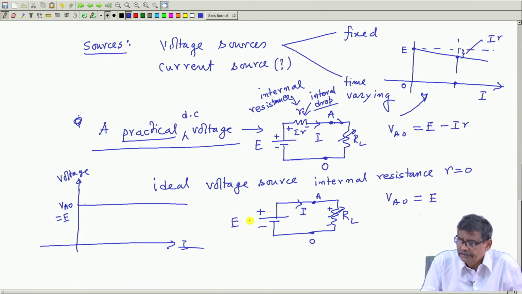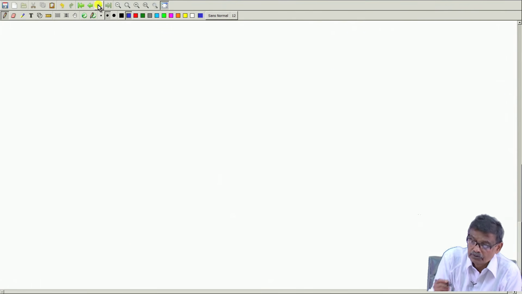So, this is the scenario at least with DC constant values, ideal battery representation and ideal voltage source, a practical voltage source representation. Now, I shall give you some idea about what a current source is.